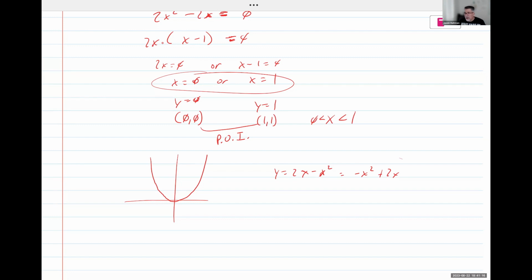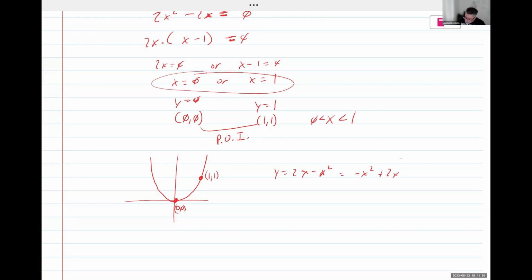It's a parabola, and it's a negative parabola, which means it's upside down. I also know that this goes through (0, 0) and (1, 1), from my points of intersection.